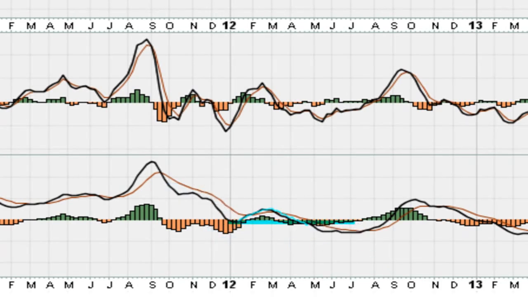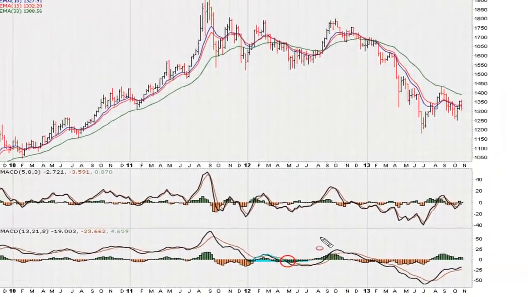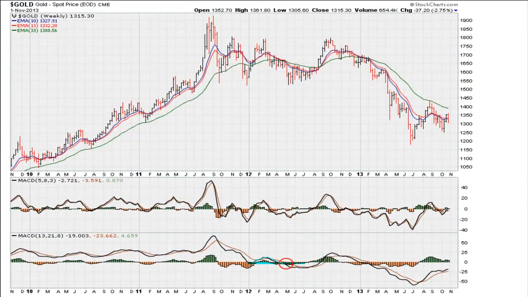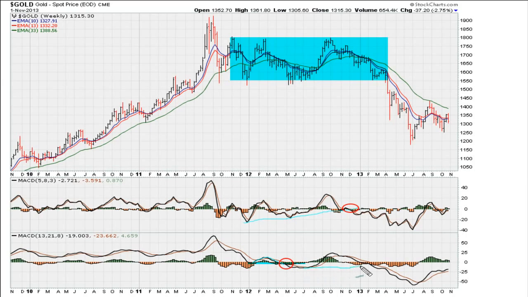Once we break those lows on the MACD, it's telling you that momentum is starting to pick up steam to the downside. So lots of things were going on as gold was trading in a range. I would say it was range bound here. You can see for the first time in many years the MACD was breaking trends, like right here, moving below zero, and also breaking another trend, which is this low that was broken.